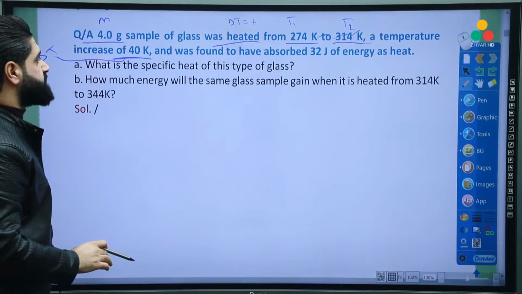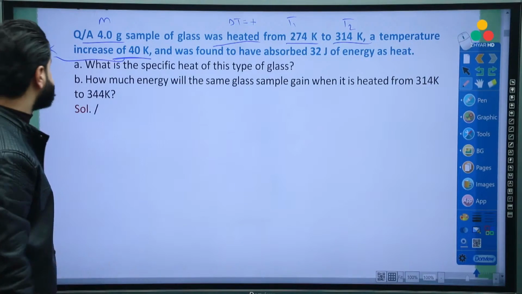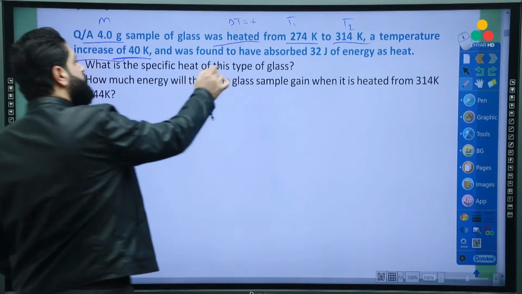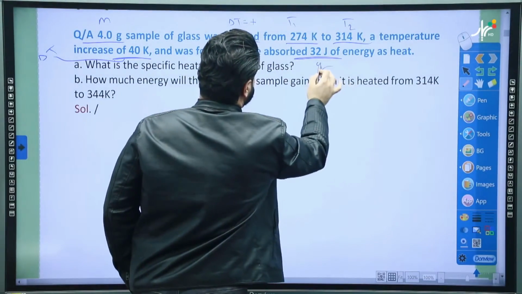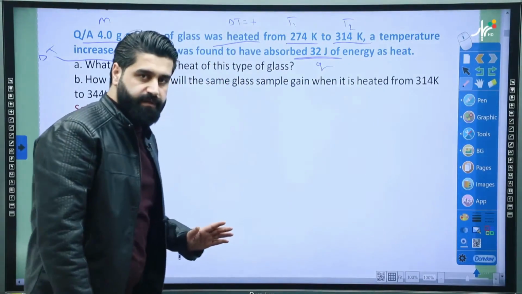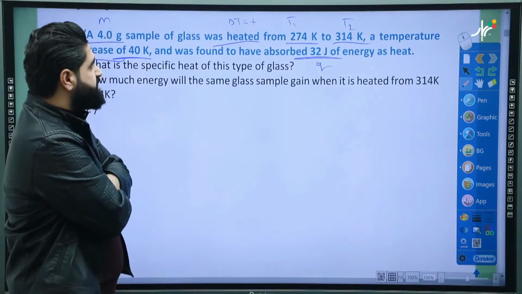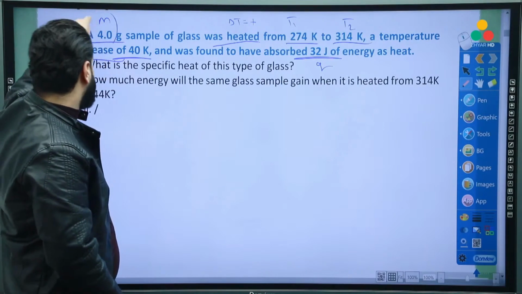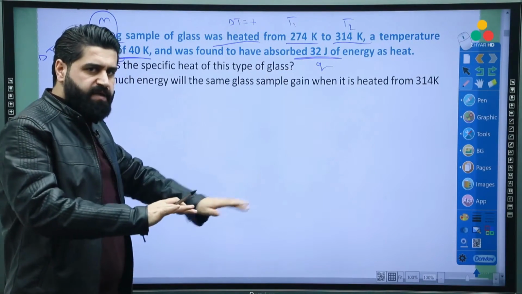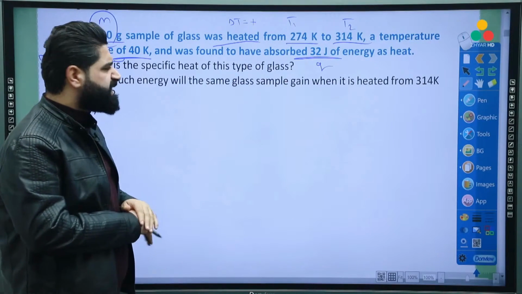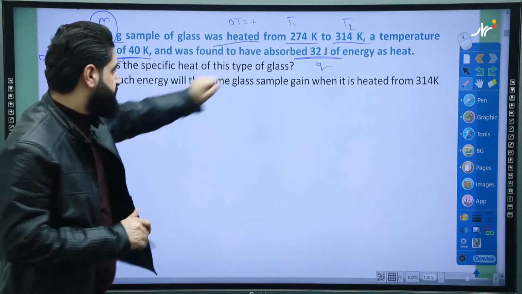Each option is possible to have. But now in this question we have both of them together. And it was found to have absorbed 32 joules, which is Q. Look, when you read any question about Cp, if you see M, delta T, and Q, don't wait for anything, don't complete reading the question, immediately calculate Cp.